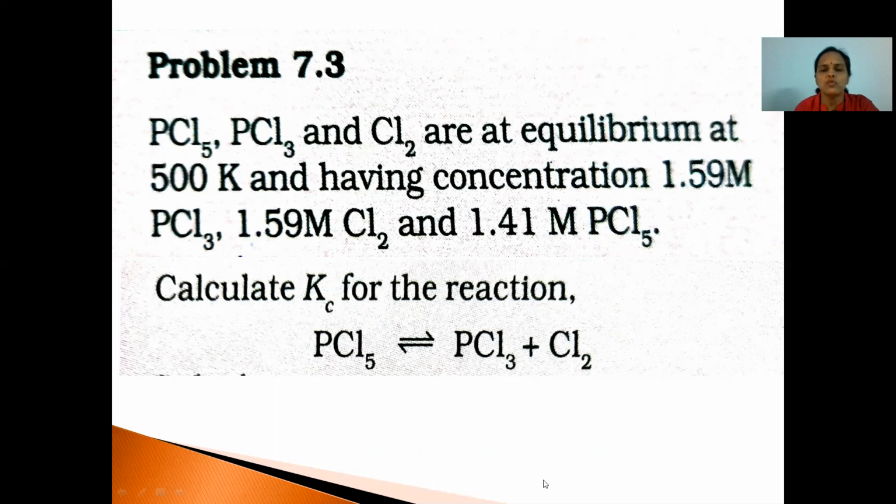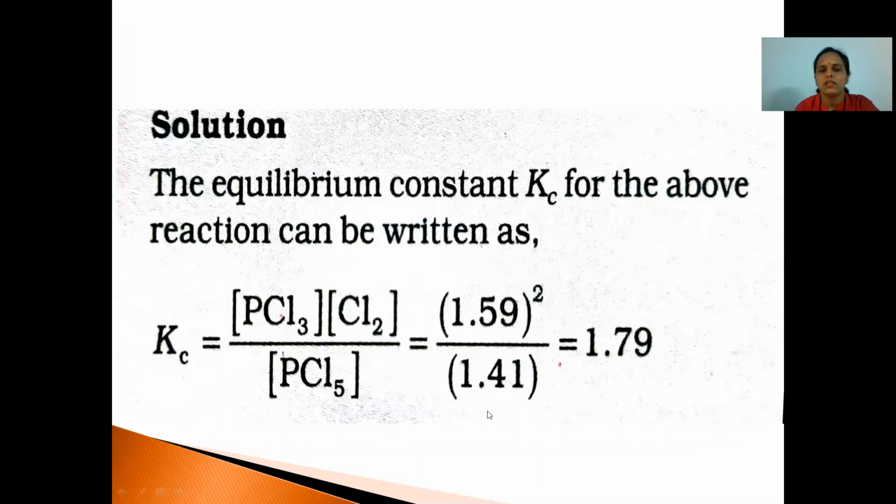So Kc is equal to molar concentration of PCl3 into molar concentration of Cl2, remember it is product, divided by molar concentration of PCl5. On putting the values, 1.59 square upon 1.41, I get the answer there as 1.79. So these type of problems are very easy to solve.